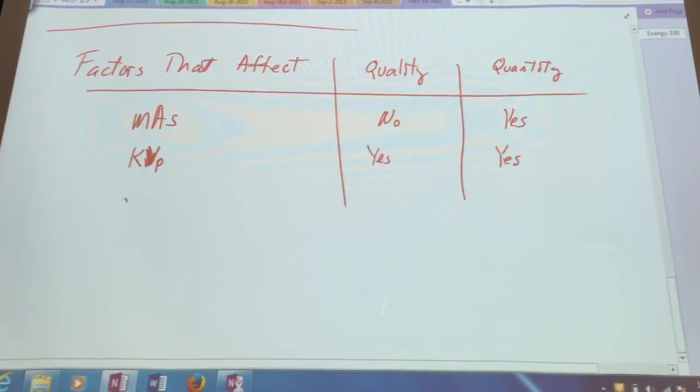And what about distance? Quality or quantity? What changes with distance? Quality.